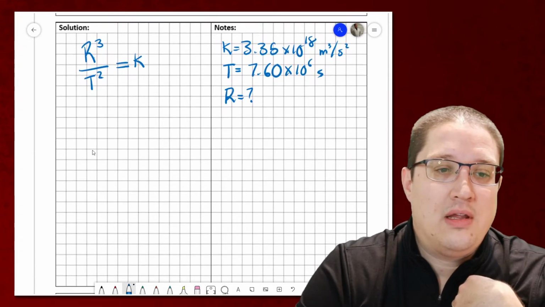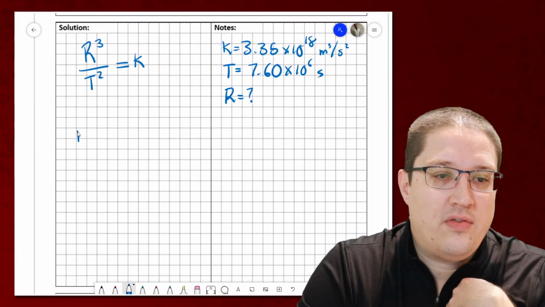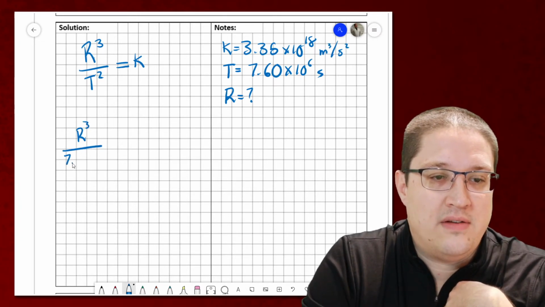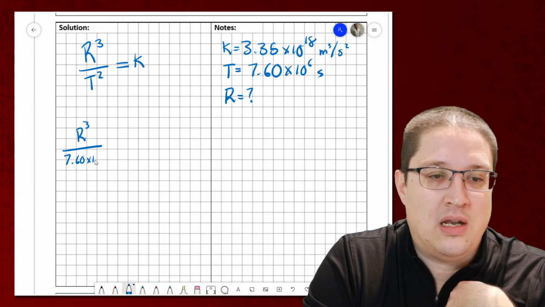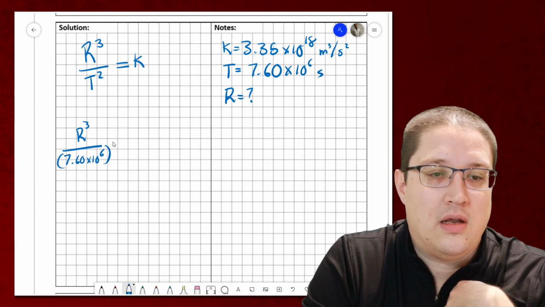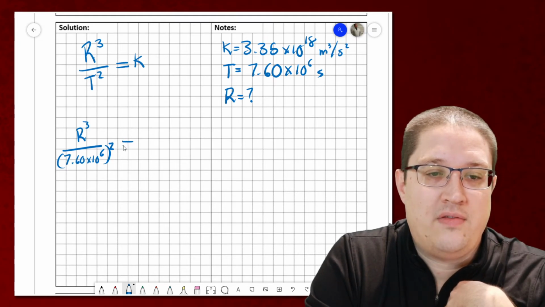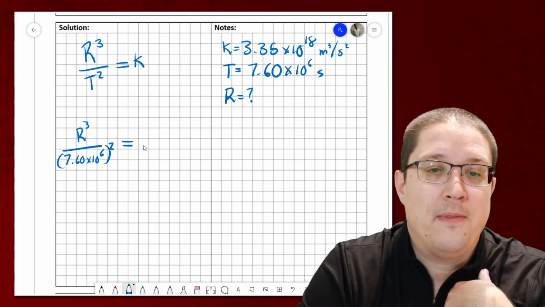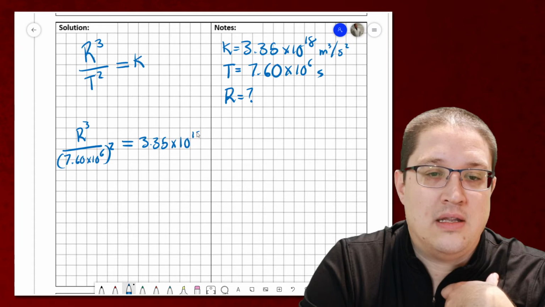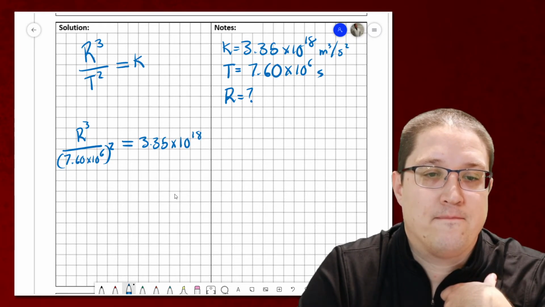So starting to plug things in, I have my radius cubed divided by 7.60 times 10 to the 6th squared, careful about that, brackets there, equals 3.35 times 10 to the 18.